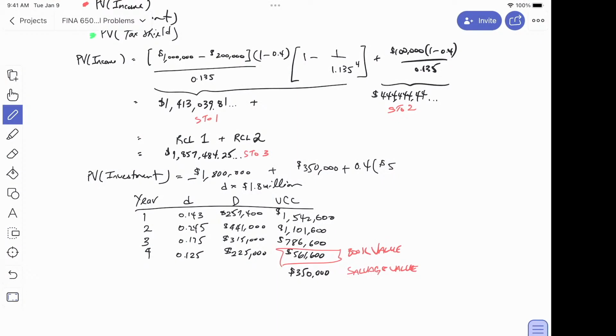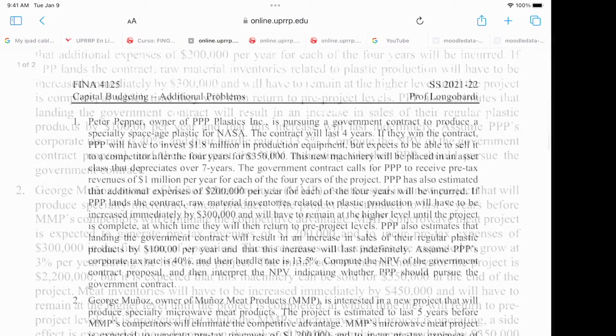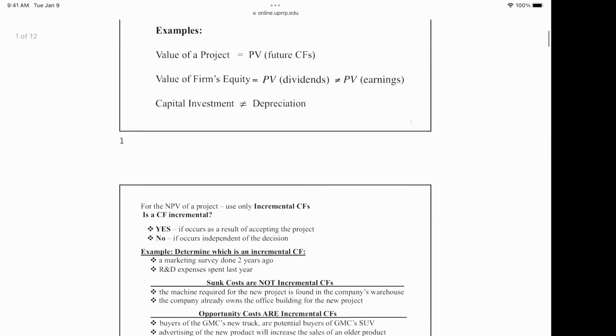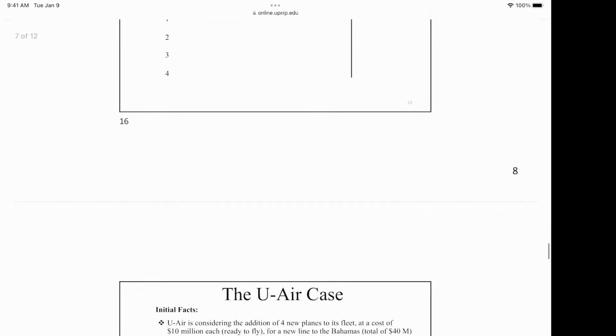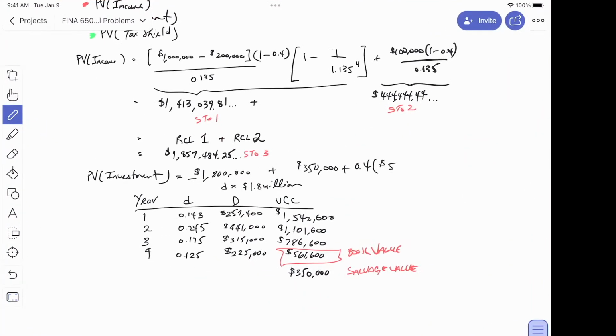So I'm going to take the book minus salvage. Okay. I have the answer here, I'm just making sure it's consistent.